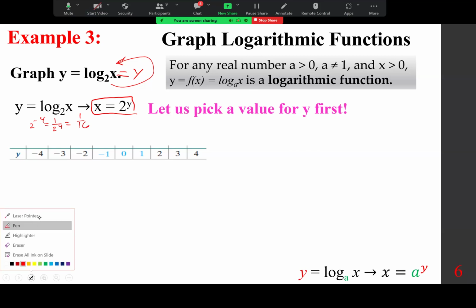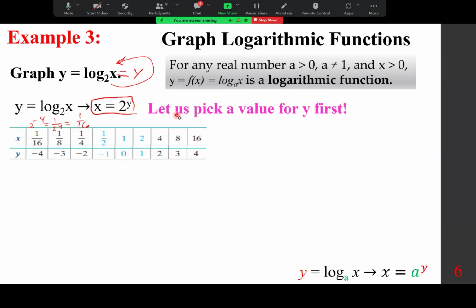I hope everybody knows that. Minus 3, 2 to the power of -3, 1 over 8, minus 2, 2 to the power of -2 is 1/4, -1, 1/2, 0 gives you 1, 2 to the power of 0. 1 gives you 2, 2 gives you 4, 3 gives you 8, 4 gives you 16. So those should be easy numbers we should have no problem with.